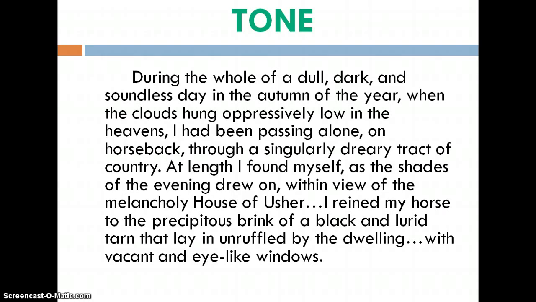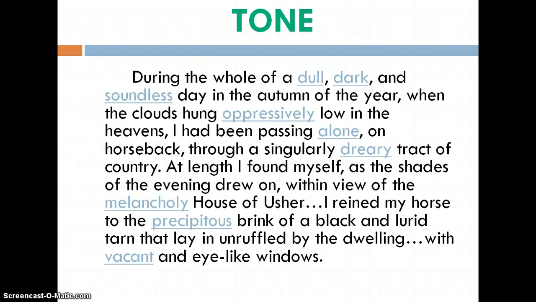Again, the author's not next to you, but I see a lot of words here that give me an indication of a melancholy and almost severe type of tone. You've got the words dull, dark, soundless, oppressively low, alone, dreary, melancholy, which is a serious kind of sad, precipitous brink, vacant, empty, eye-like windows.